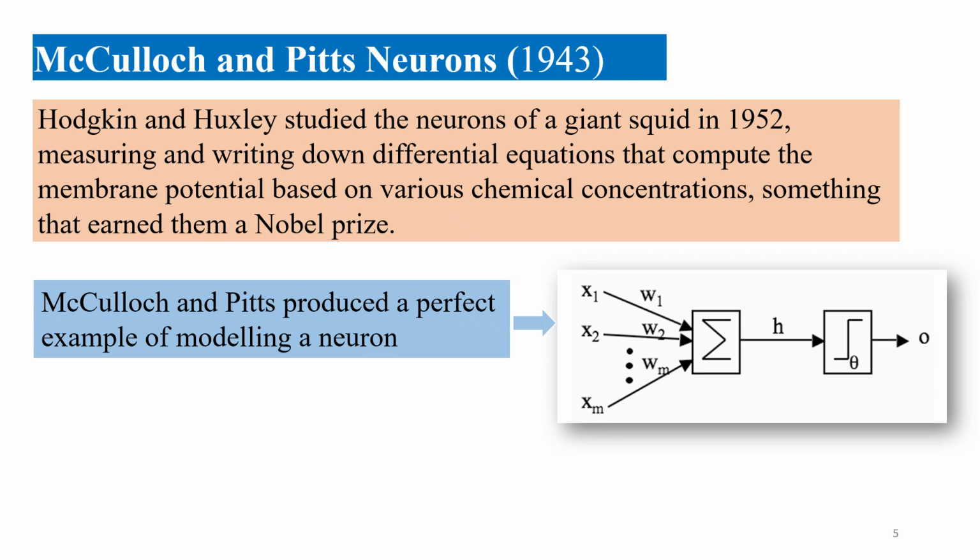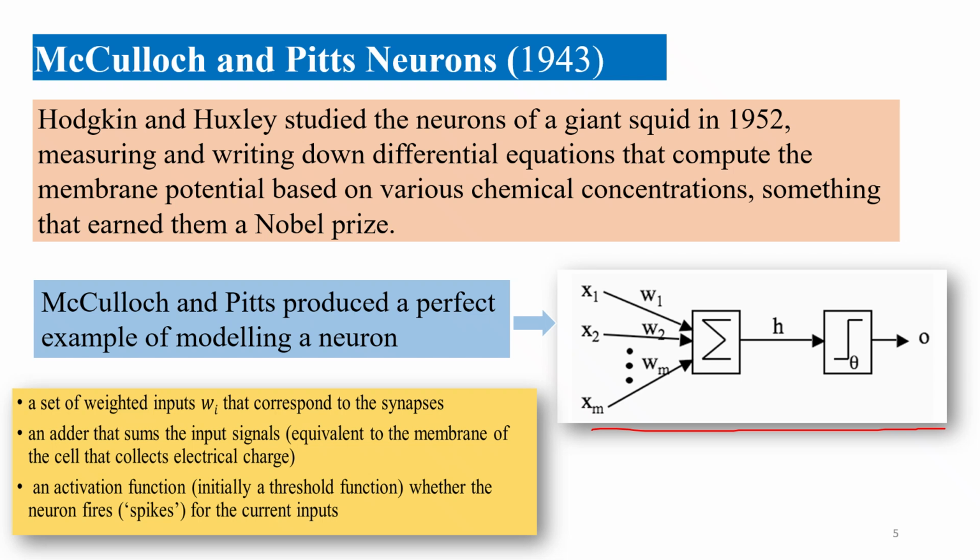This is such a simple representation, and the components we can see are first a set of weighted inputs. We have the input x1 and the corresponding weight w1. Similarly, for x2 we have w2, for xm we have wm. So we have m inputs, and each is weighted by its own weight.